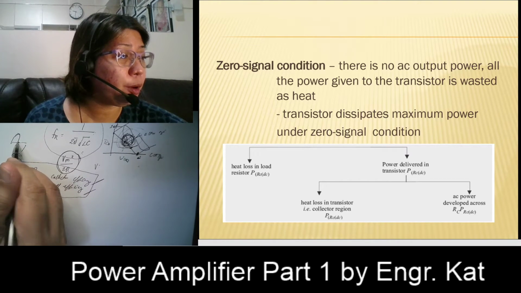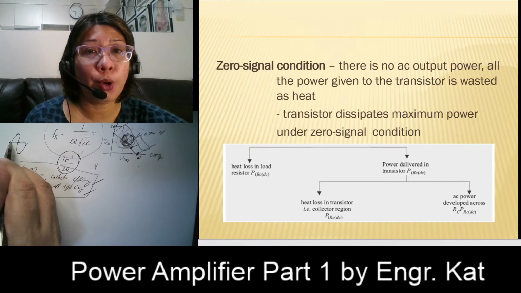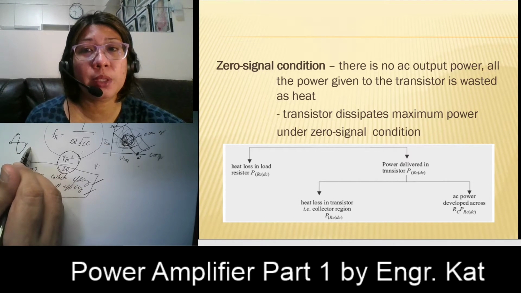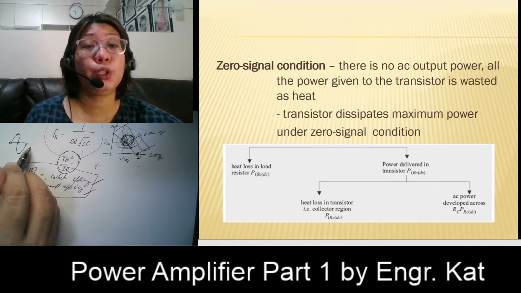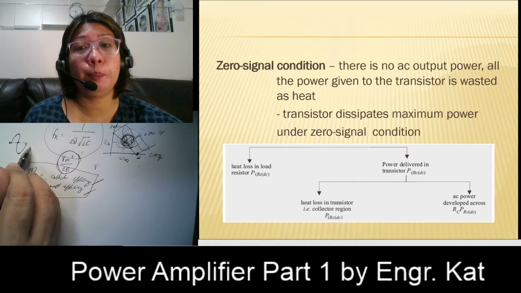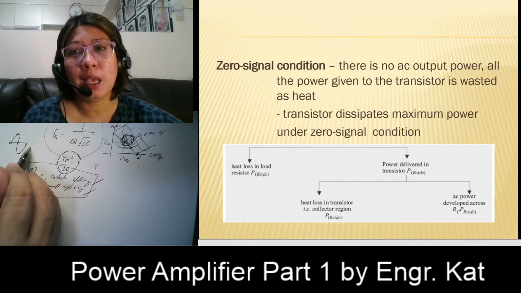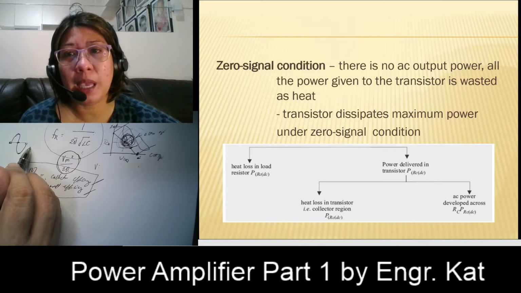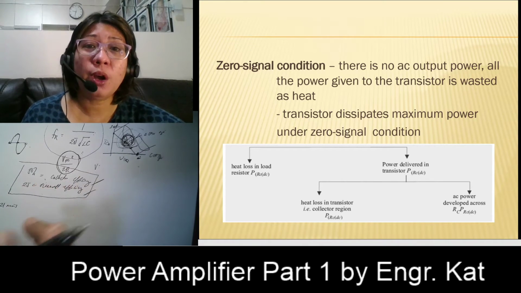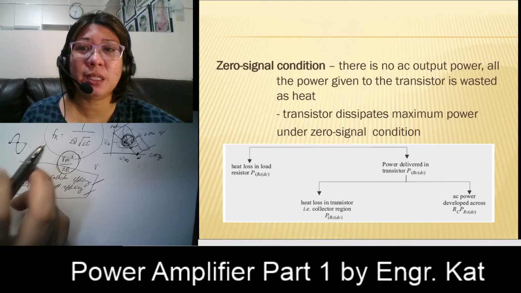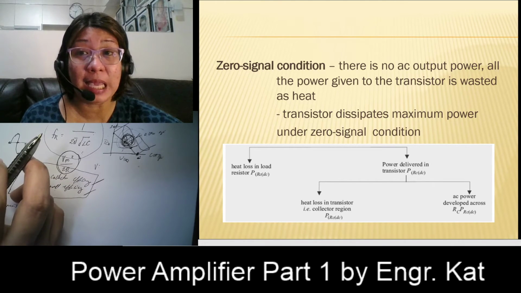Every time your input is zero, this is what we call your zero signal condition. So there is no AC output power being produced. Therefore, all the power given to the transistor is wasted as heat.